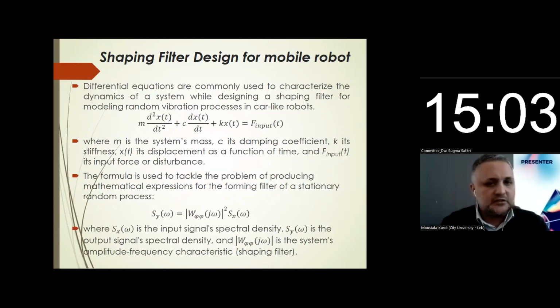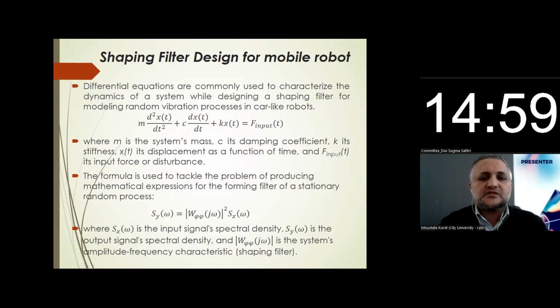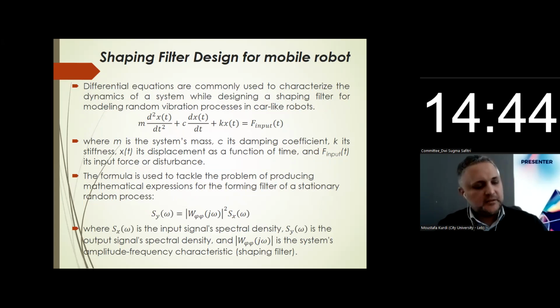For a shaping filter, mainly differential equations are used, especially for our car-like robot, where m is the system mass, c is its damping coefficient, k is stiffness, and x is the displacement, the path or distance where the mobile robot moves.